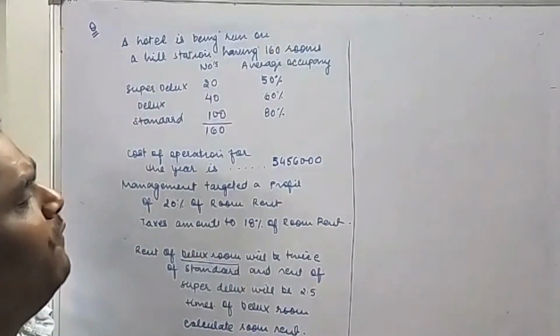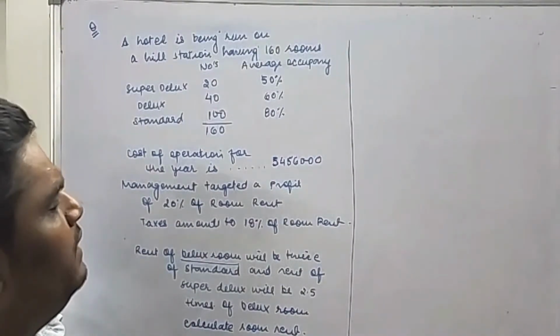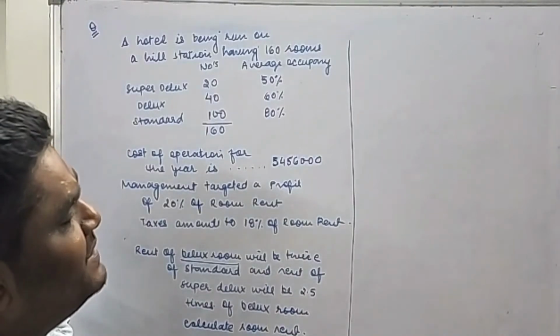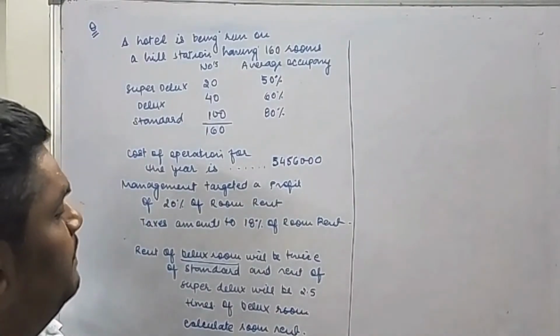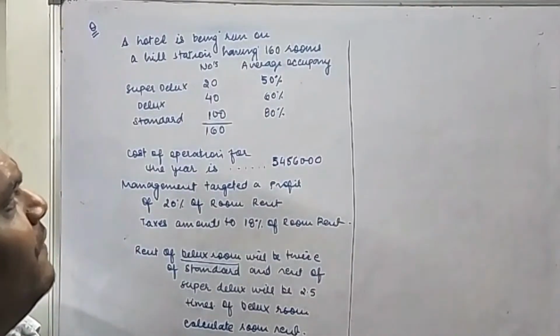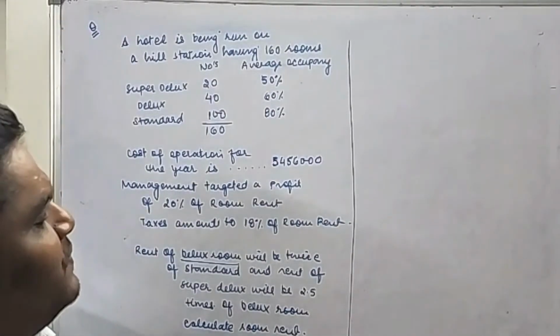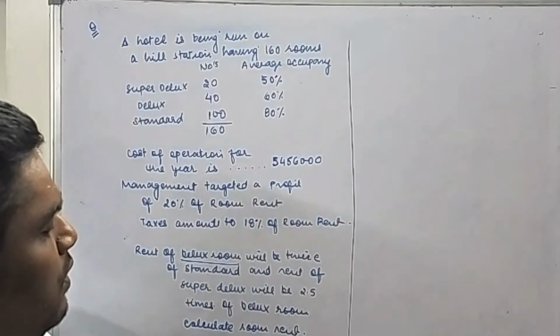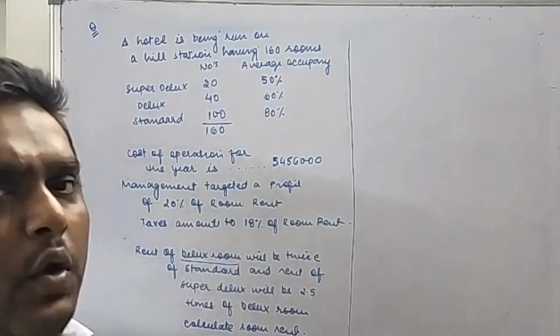Management targeted a profit of 20% of the room rent. Further, the taxes amount to 18% of the room rent. Rent of the deluxe room will be twice of standard, and rent of super deluxe will be 2.5 times of deluxe room. So you are required to calculate the room rent.